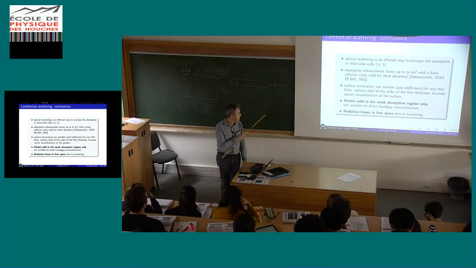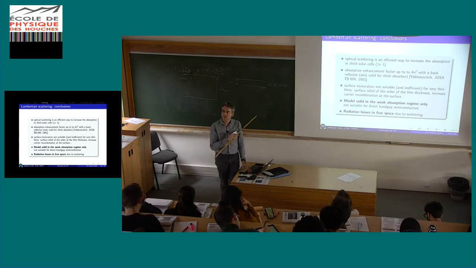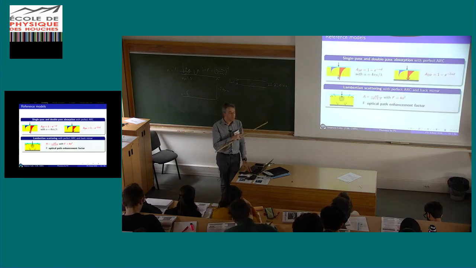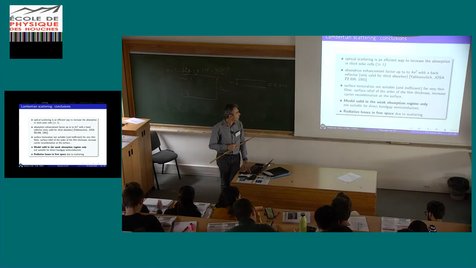And what I said is valid only in the weak absorption regime. Once again, the reason I like to show how to get this formula is that you see explicitly a factor of 2 related to the double pass, a factor of 2 related to oblique angles, and a factor of n² related to total internal reflection.